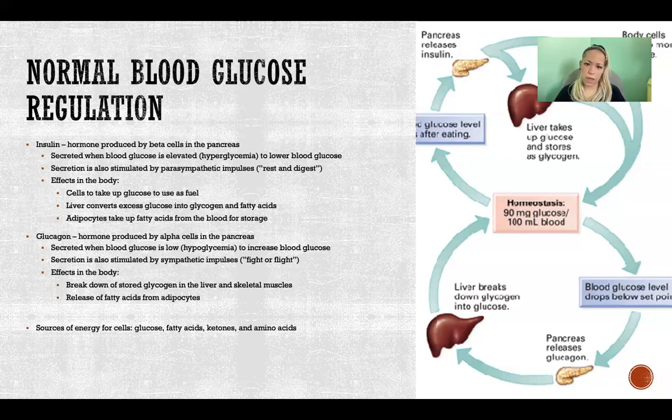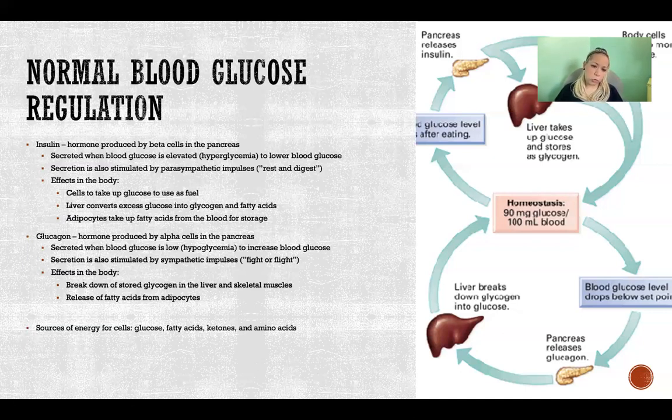But now let's say all the cells have consumed all the glucose that they want, and there's still more glucose in the blood than we want, because we're not back down to our homeostatic range yet. When there's excess, insulin tells the liver to convert that excess glucose into glycogen, which is a storage form of glucose.